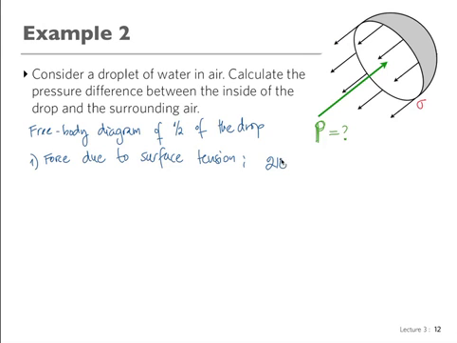So 2 pi r, for the droplet of water in air of radius r. We need to assume a size. 2 pi r is the circumference, and multiplied by the surface tension gives me the force.